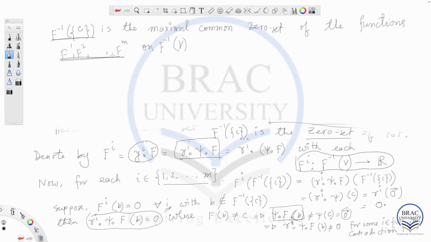Good. So there cannot be anything bigger than F inverse C. That will be the common zero set of all these m functions.